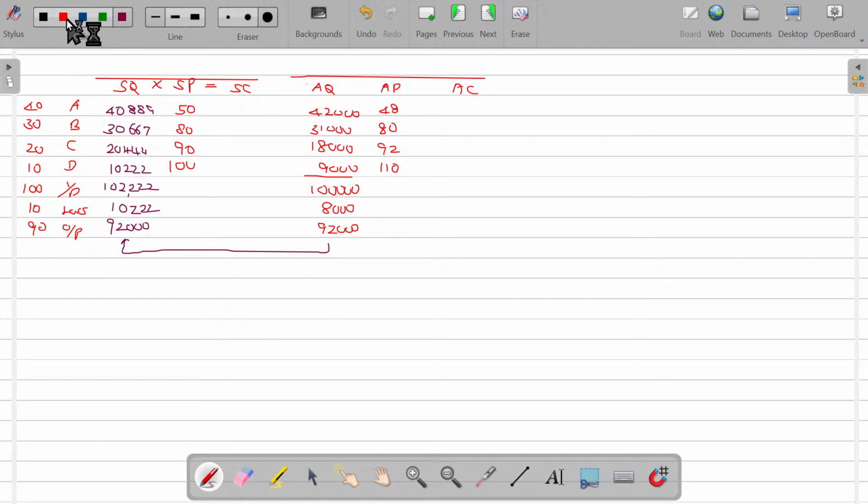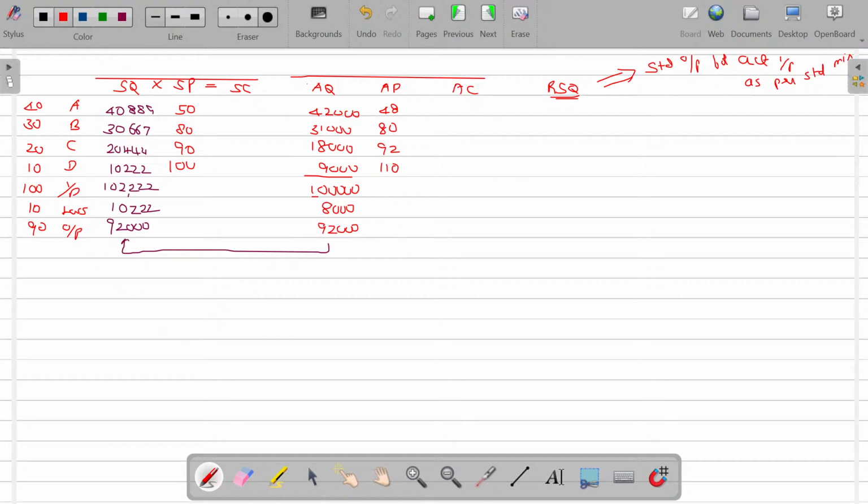And it is better to get the RSQ. In case of RSQ, what is the point you have to understand? RSQ is nothing but standard output for actual input as per the standard mix.